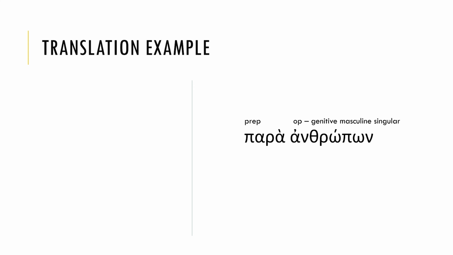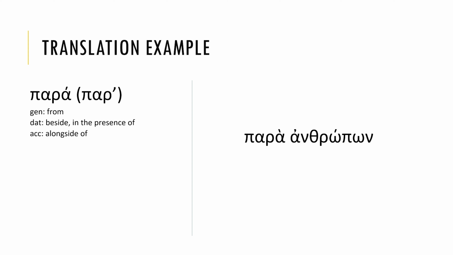That's okay. Right now, the thing we have to focus on for this example is that it's in the genitive, because we need to know the case of the object of the preposition, the OP, in order to understand what the preposition means. So in our heads, we've already memorized what para means. We know that in the genitive, it means from, and the OP is in the genitive. It doesn't matter whether it's plural or singular.